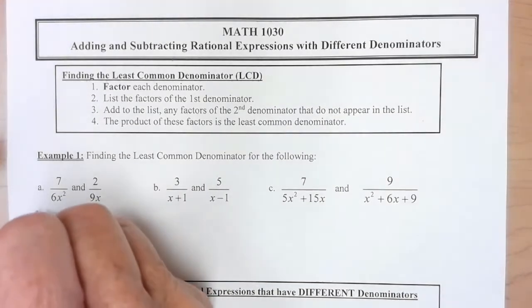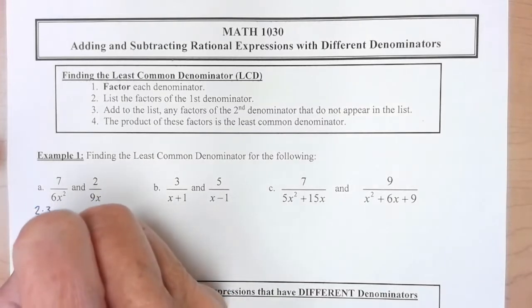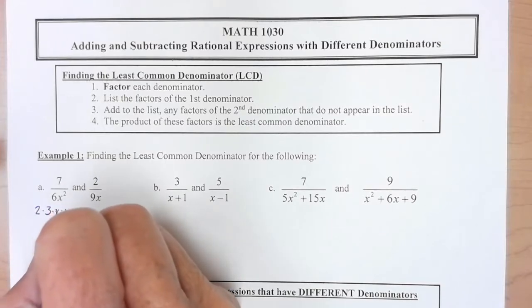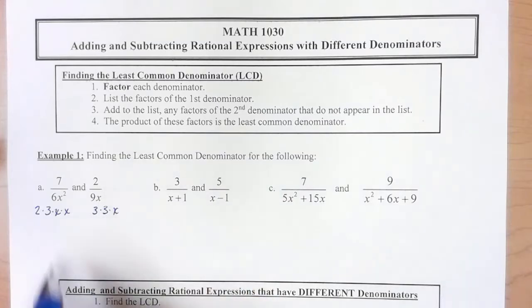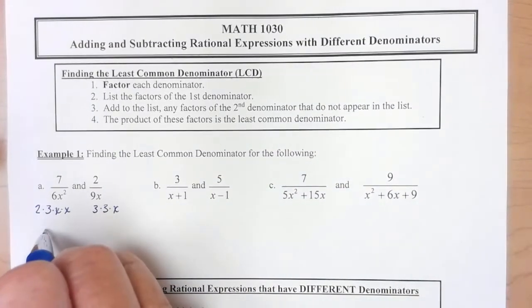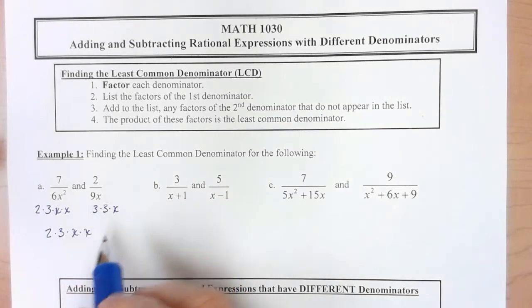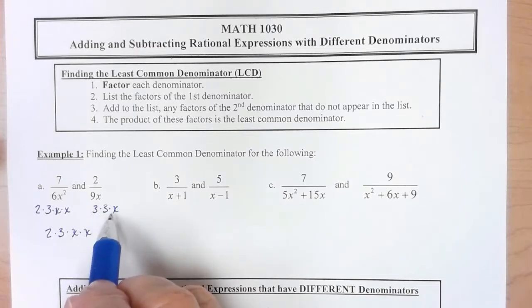So if I factor my denominators, now with my numbers I write what's called prime factors. So my first denominator, I have 2 times 3 times x, and then I'm supposed to add to this list any factors of the second denominator that do not appear.